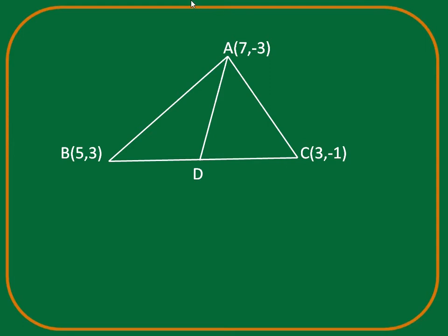So let us start. I have drawn a diagram over here. You can see the triangle ABC having coordinates 7 and minus 3 for A, 5 and 3 for B, and for C it's 3 and minus 1. AD is the median.